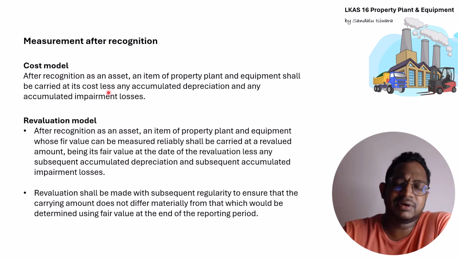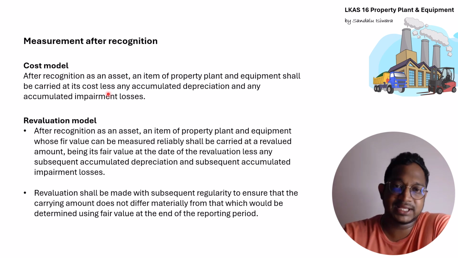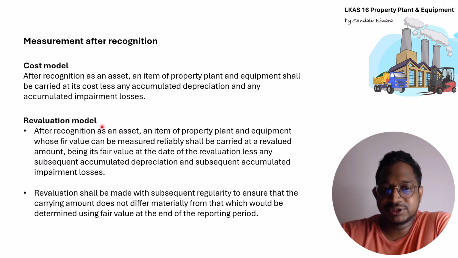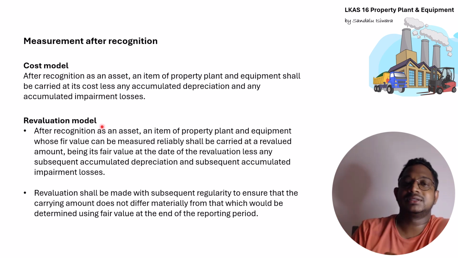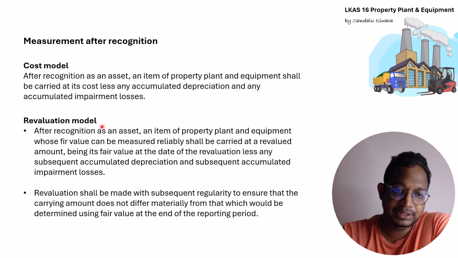So simply, you are doing normal depreciation based on the useful life and then you are recording the accumulated depreciation and cost just like that. But revaluation model means you are revaluating the carrying amount to the current market price, current fair value, right?